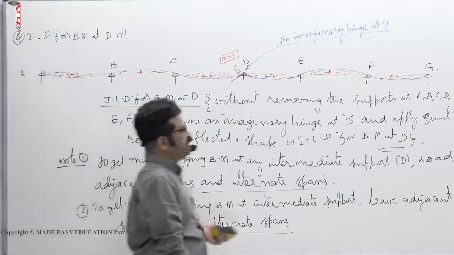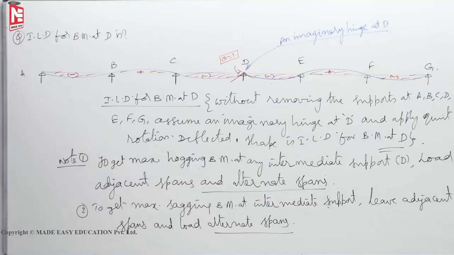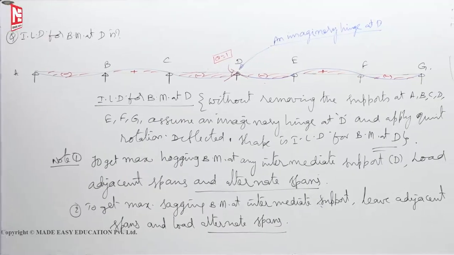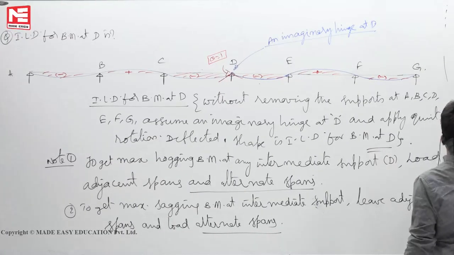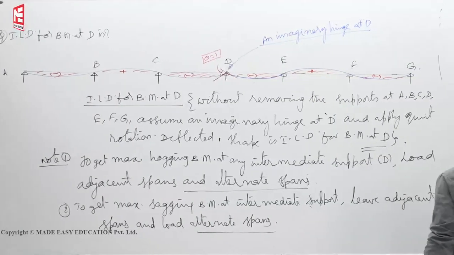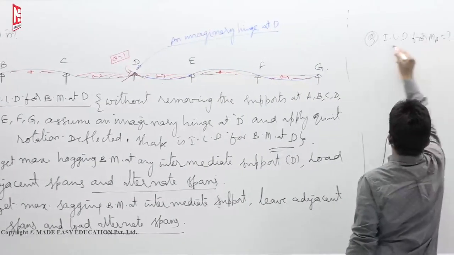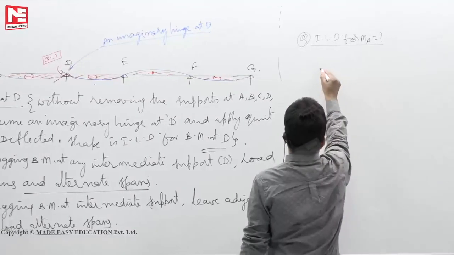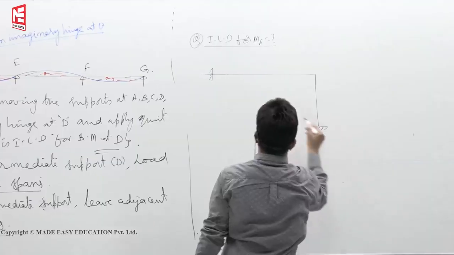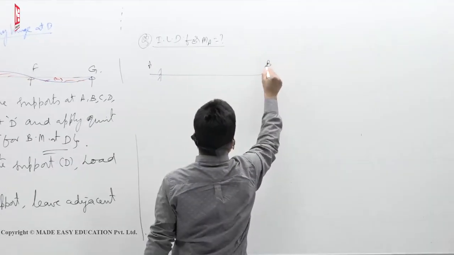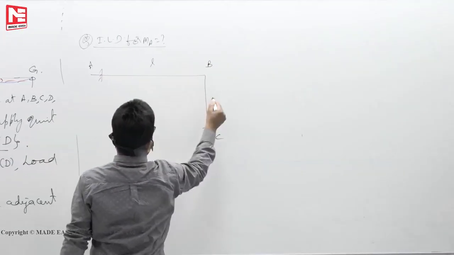Now if we take any frame, let us say this I remove now. ILD for MA. Assume that we have a frame like this. This span, let us say A, B, C. This span is L, L by 2.